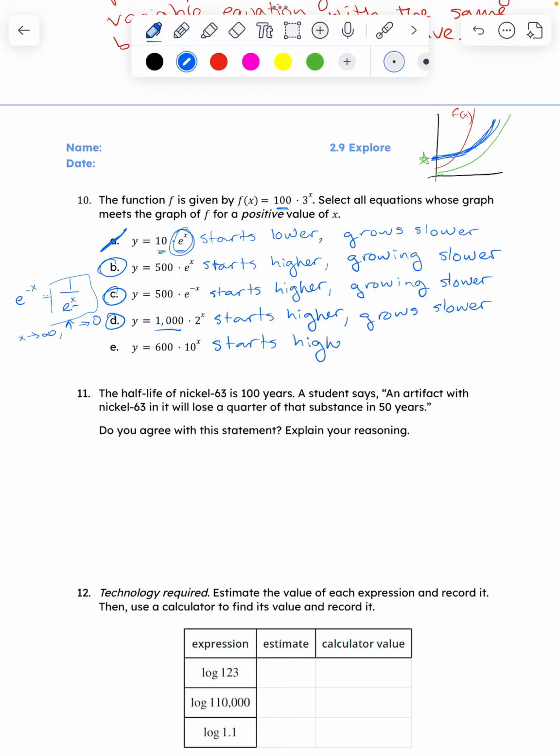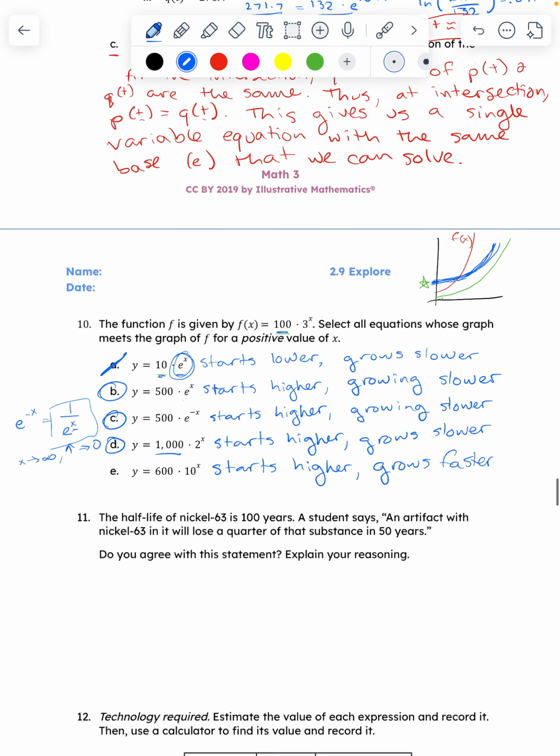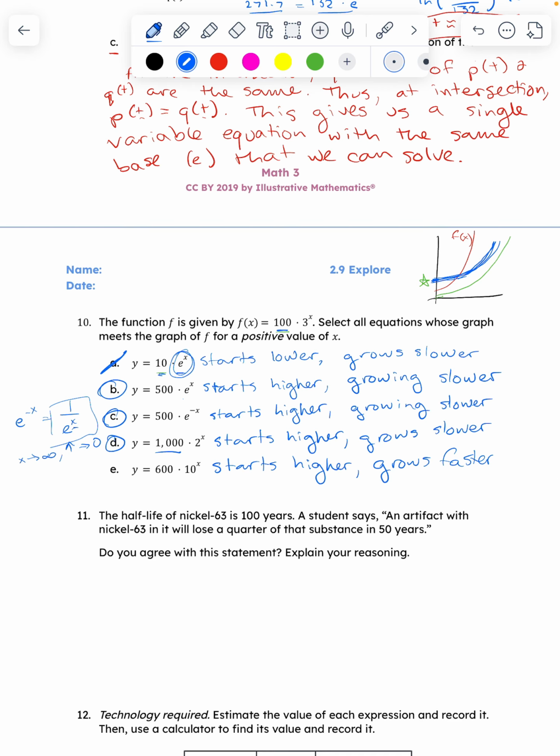And then 10 to the x compared to 3 to the x, the 10 is greater than our 3, so it's going to grow much faster. So this would be something compared to our f of x in our little doodle drawing. I'm going to give us another green one. This would be something like whoop. It's both steeper and it starts from a higher position. So that's out for sure.